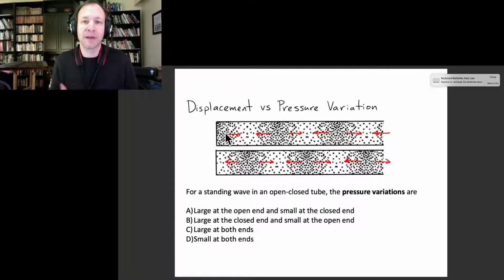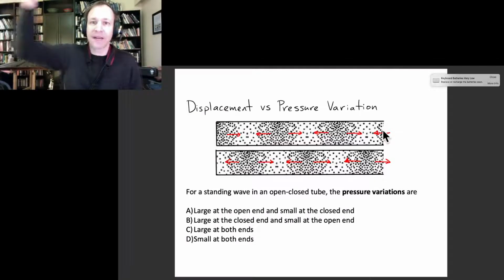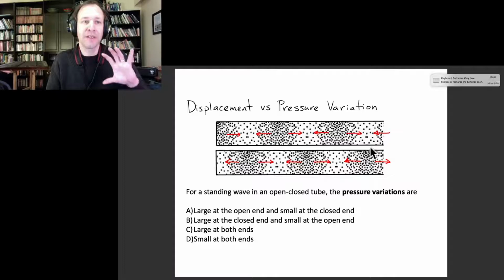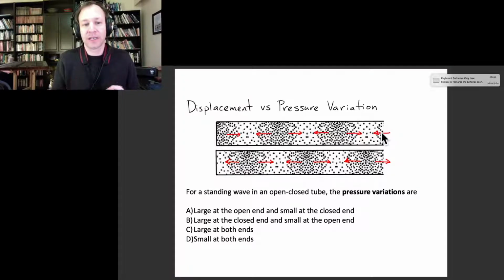What I want you to think about is either at the closed end of the tube or at the open end of the tube, what do the pressure variations look like? So in both cases, you're going to have some pressure as a function of time, and it might or might not be equal to the atmospheric pressure. Sometimes it might be higher and lower. So I want to know, at these two different places, are the pressure variations large or small, or large in one place and small in the other place?